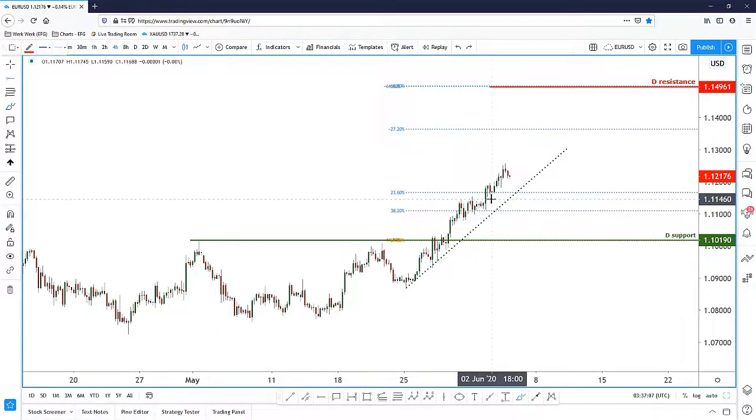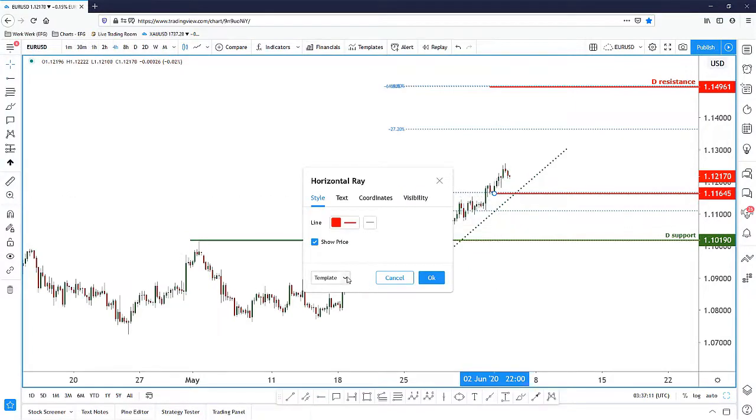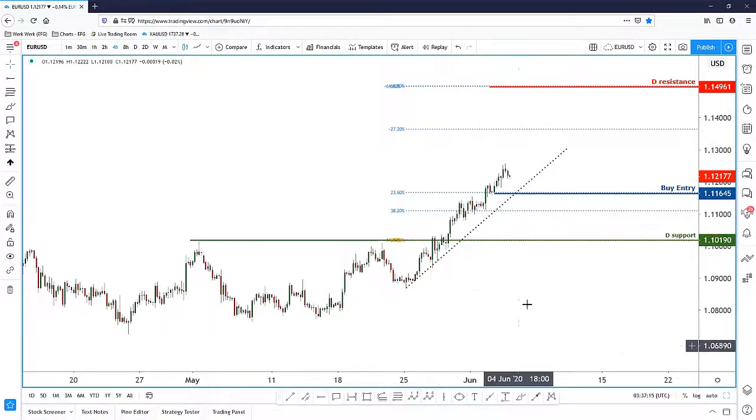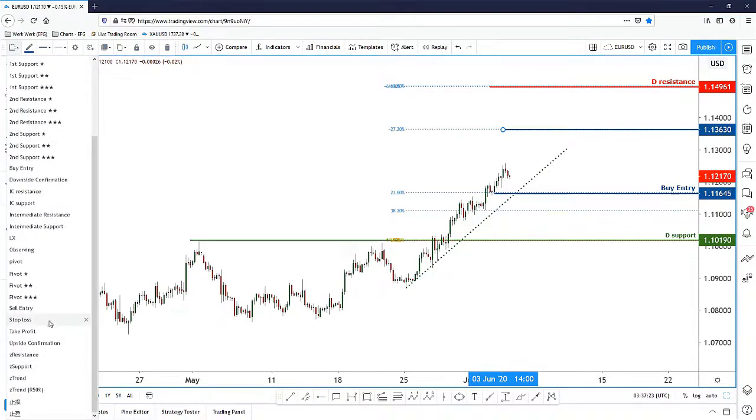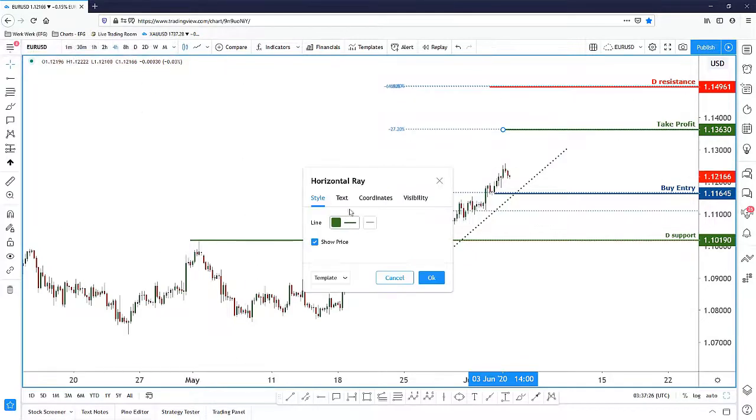So let me put the levels in. I will consider the 23.6 as my buy entry, and then of course the 27.2 as my partial take profit.